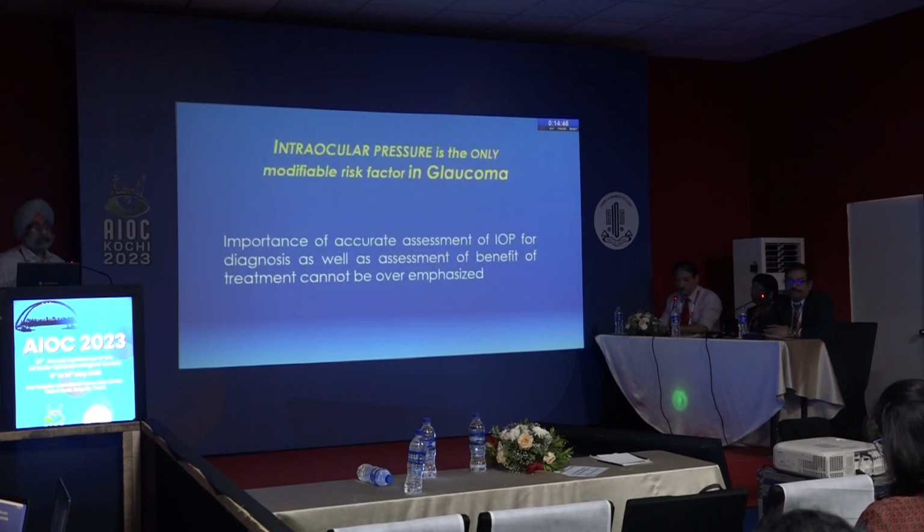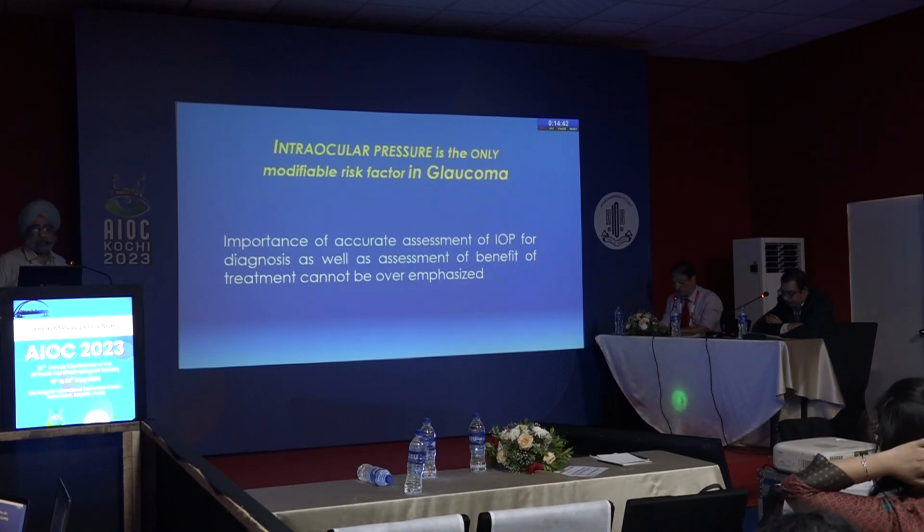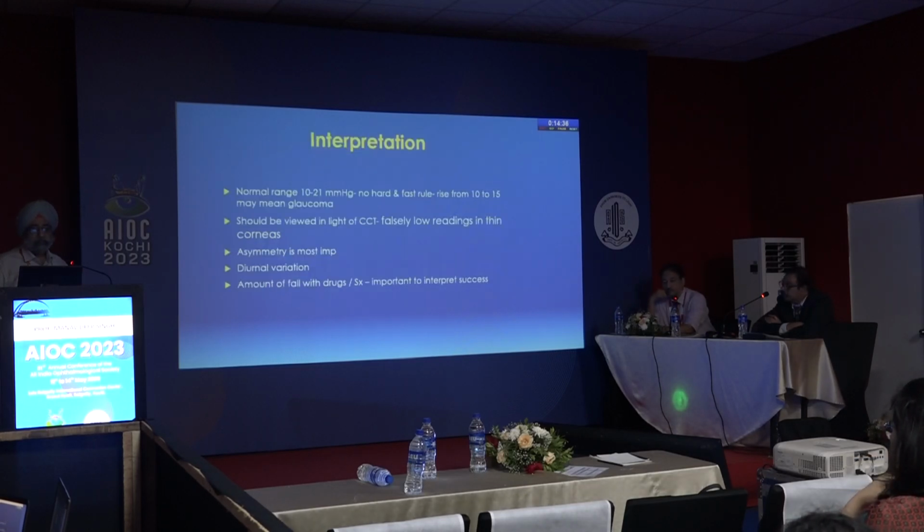Intraocular pressure is the only modifiable risk factor in glaucoma, as all of you know, and therefore the importance of accurate assessment of this cannot be overemphasized. The normal is called 10 to 21. However, there is no hard and fast rule. If a person has a normal of 10, goes to 15, it's certainly glaucoma.